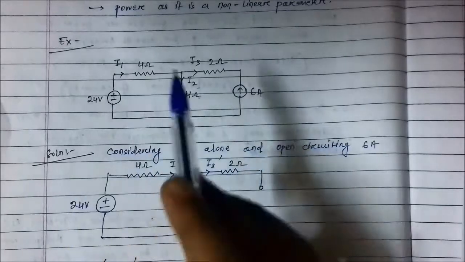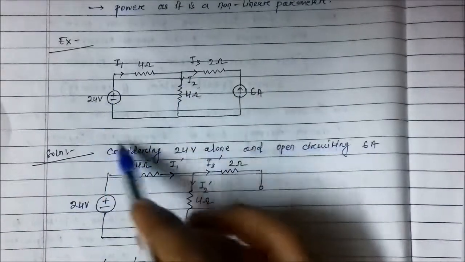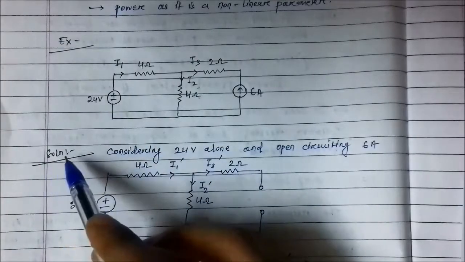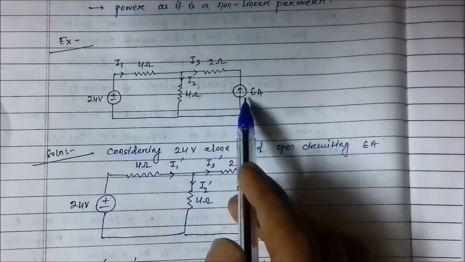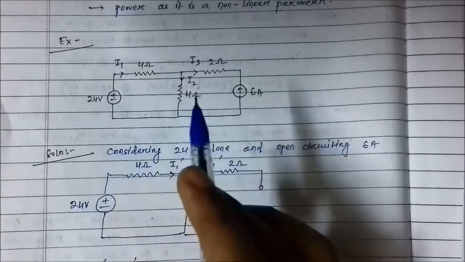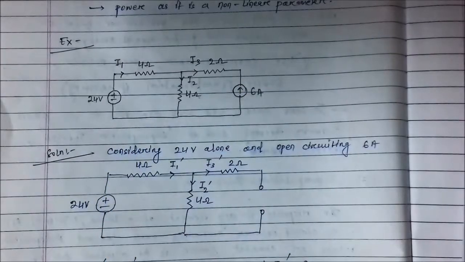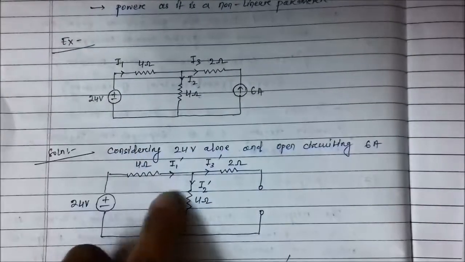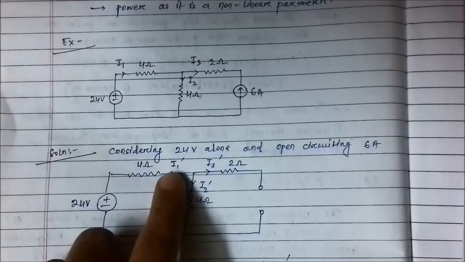When the circuit is evaluated by considering only the 24 volt source and deactivating the 6 ampere source by open circuiting it, let the response be I1 dash.